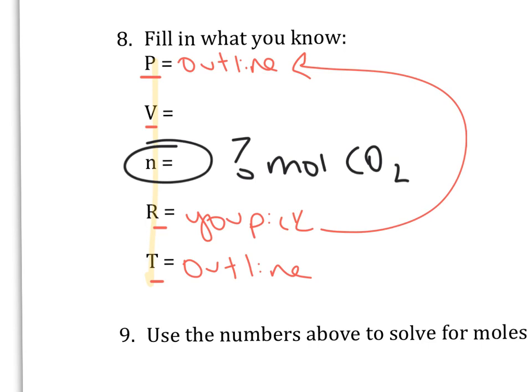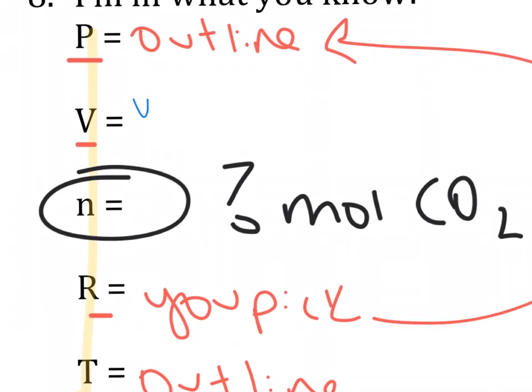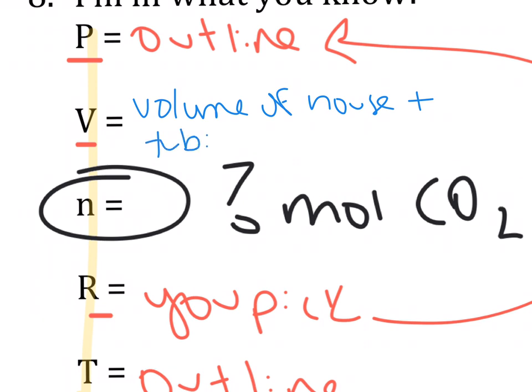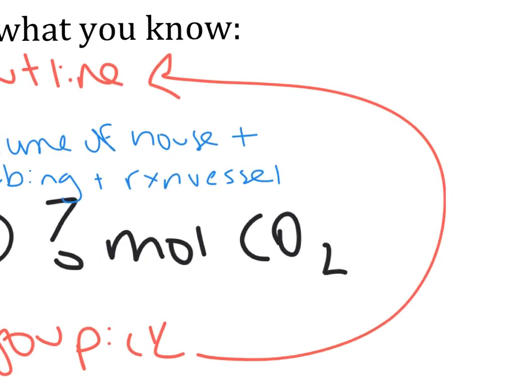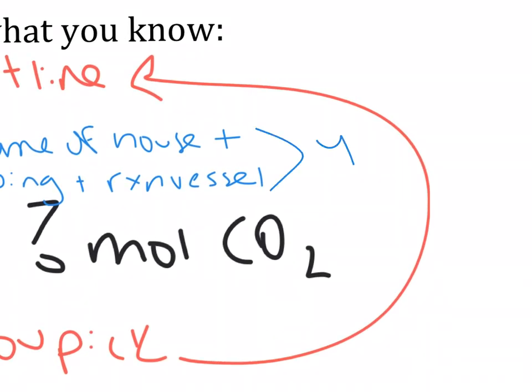So then the big thing you are missing is V, and V is going to be the volume of your house plus the tubing plus the reaction vessel. And then these are things you have to calculate.